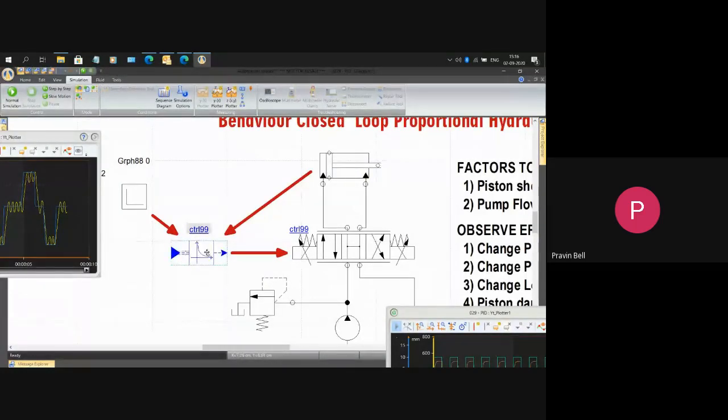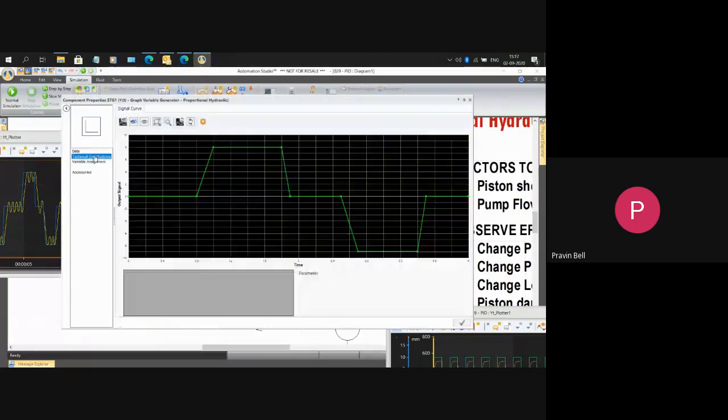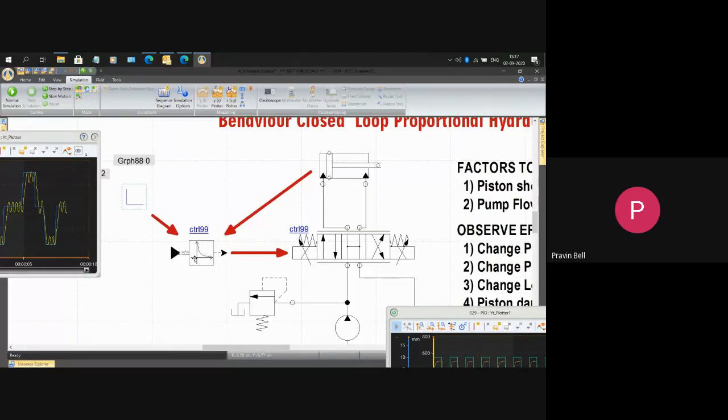So this is a PID control, CTRL99. As an input signal, we are giving a graph which is going to operate the cylinder. The controller will check the graph movement against the piston position. Are they in synchronization with each other? If not, it will generate a control signal and send it to the valve.